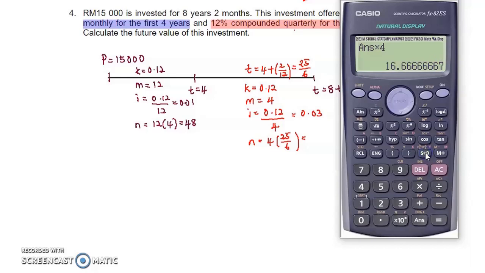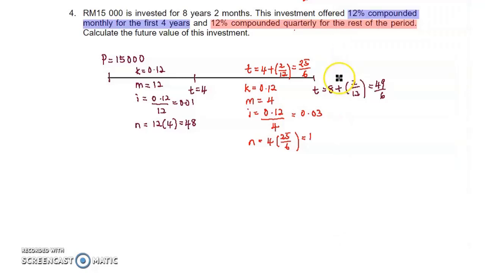Okay, N is the number of times interest is being calculated. So here, for example, you get 16.6667, round off to the nearest whole number, which is 17. Because N is the number of times we calculate the interest. So logically, it must be an integer.